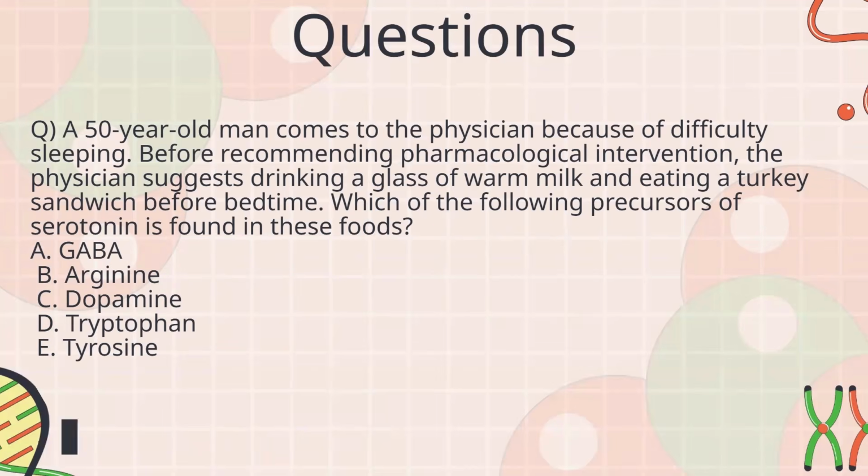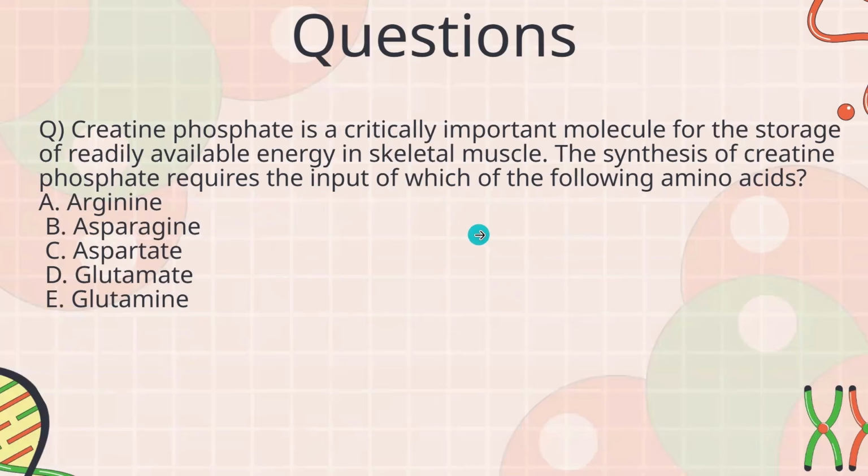And the answer here would be tryptophan, because tryptophan is the precursor of serotonin, right? And yeah, that's it. Creatine phosphate is critically important, and it requires the input of the following, and it would be A, arginine.